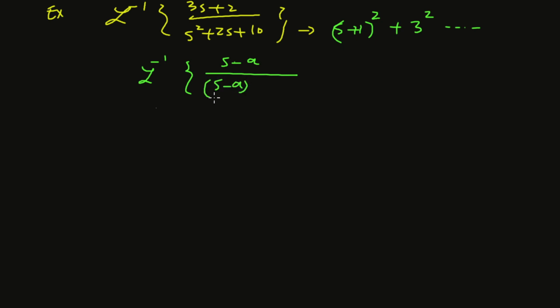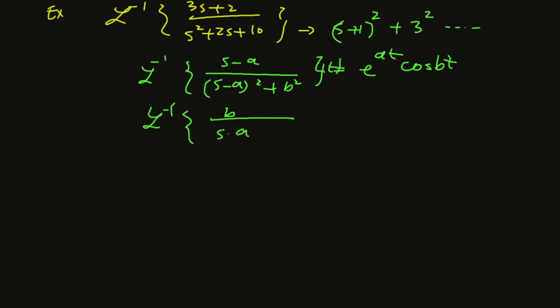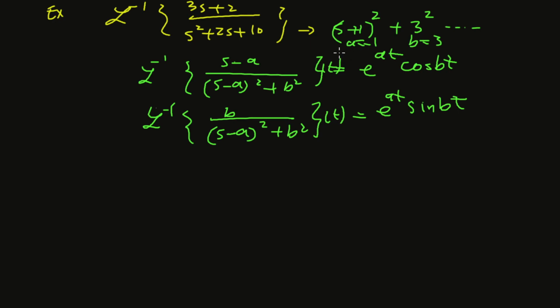If you have this, of t here, of course, you put t there. And of course you know the second one, which is that, and that's sine bt. So a is negative 1 and b is 3.